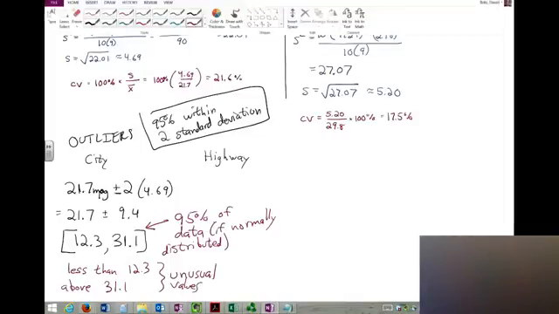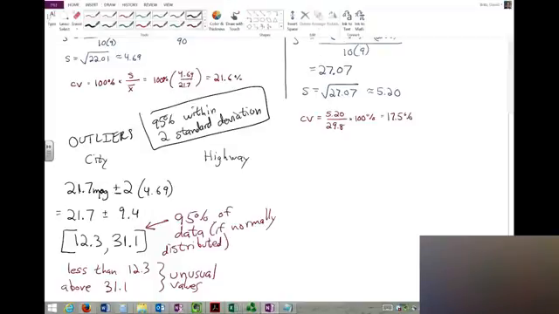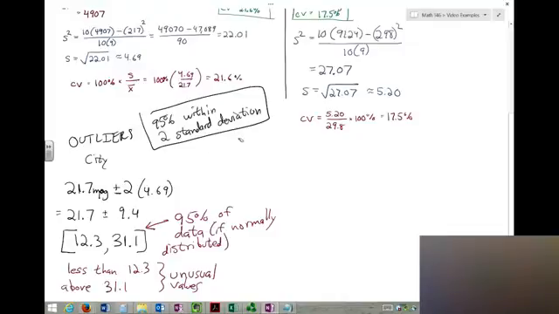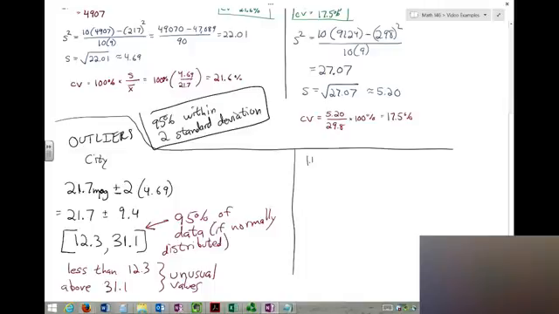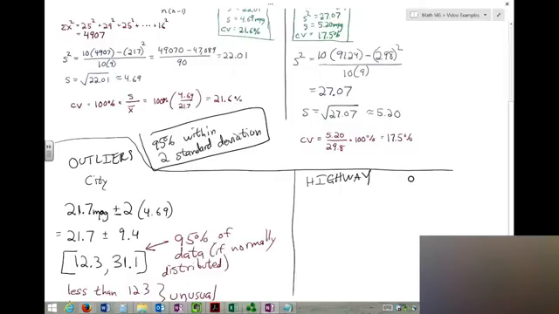And we'll do the same thing for the highway. So for the highway, we have 29.8 plus or minus 2 times 5.20, which is 29.8 plus or minus 10.4.